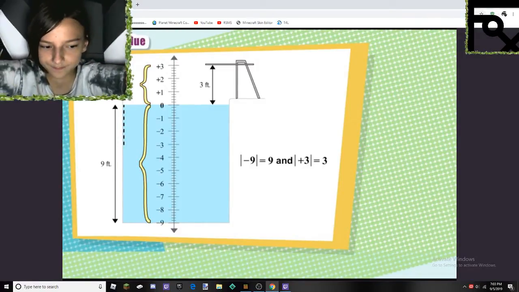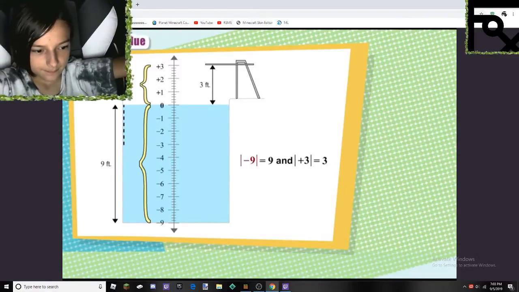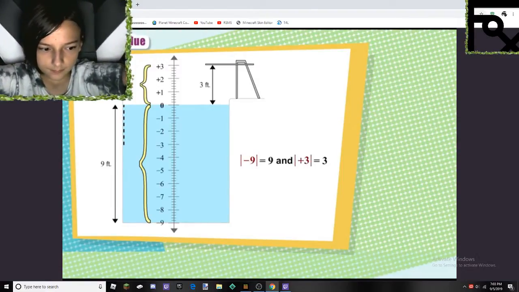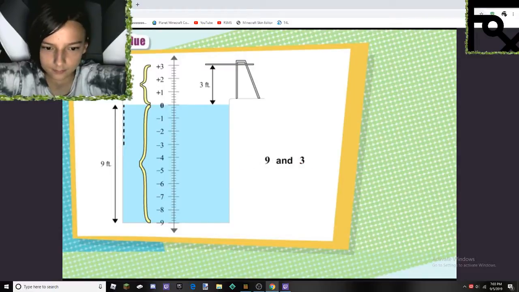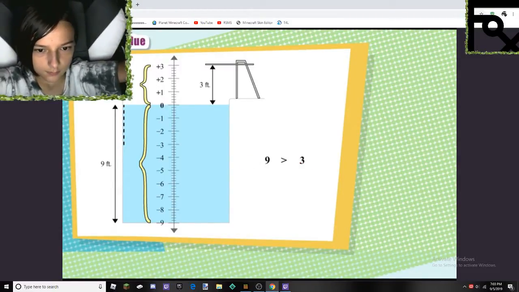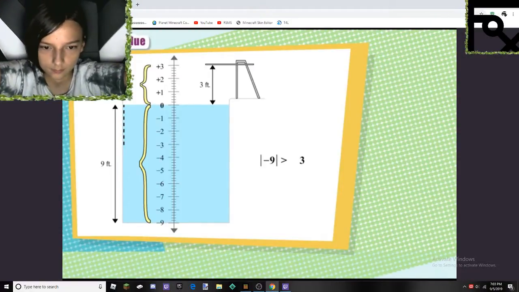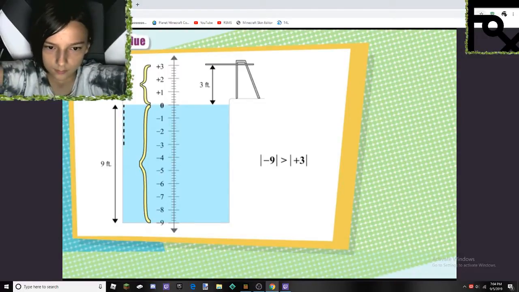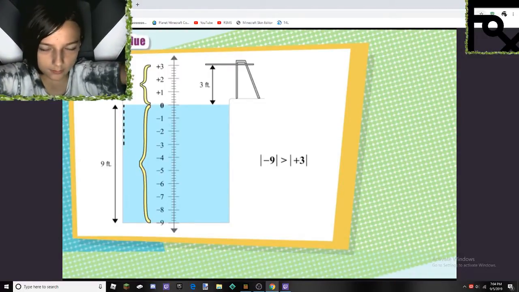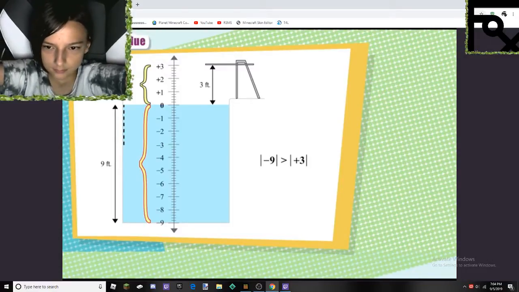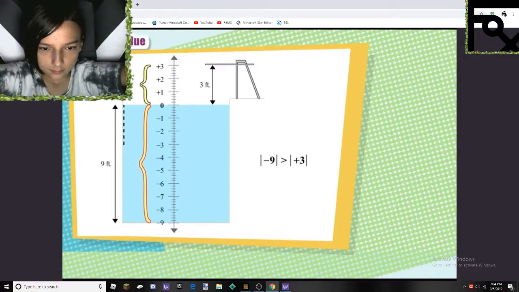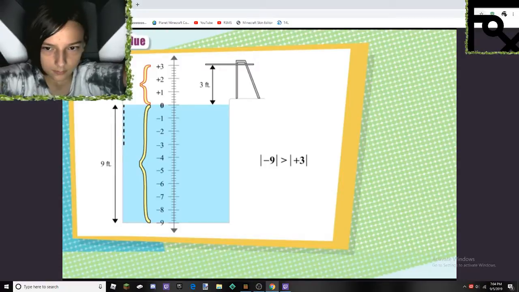So we can compare them by comparing 9 and 3. 9 is greater than 3. So we can write the absolute value of negative 9 is greater than the absolute value of positive 3. So, the distance from the water surface to the bottom of the pool is greater than the distance from the water surface to the diving board.